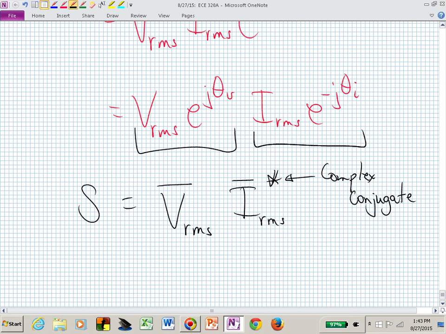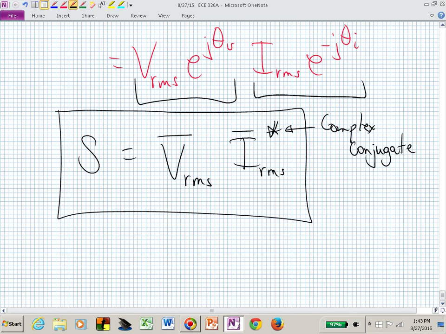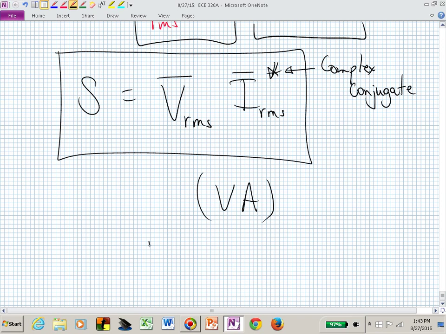And what are the units on this? Here we're getting very creative with units. We've already had watts, vars, volt amperes, VA. That's how we will refer to complex power. This is now just volt amperes.